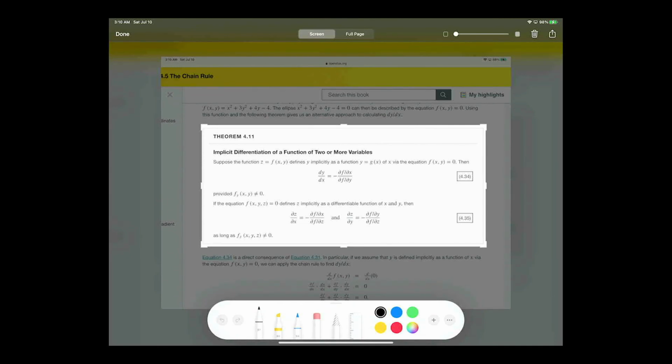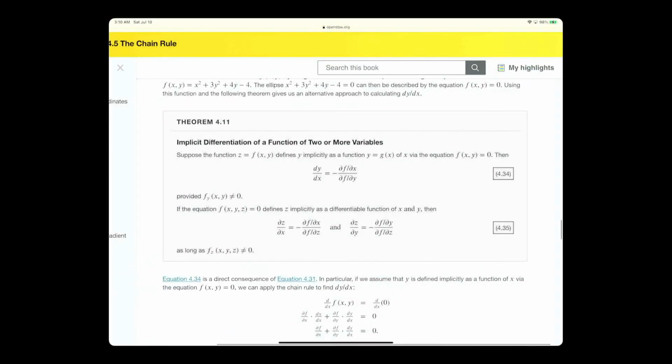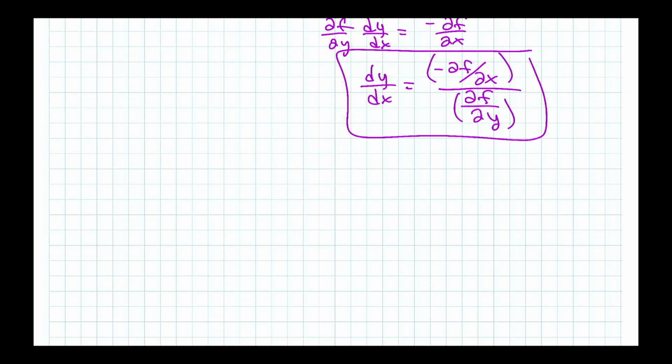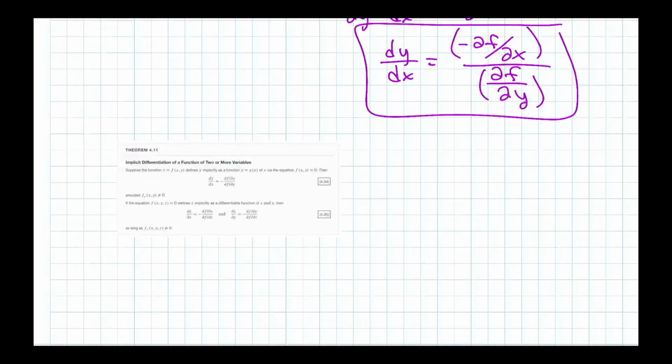We're just cheating. Done. Save to photos. Go here. Added lag. Photo library. I'm probably going to have to do this twice. Okay. Come on, let me drag the thing.